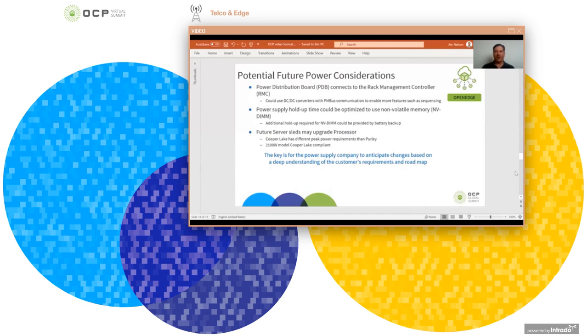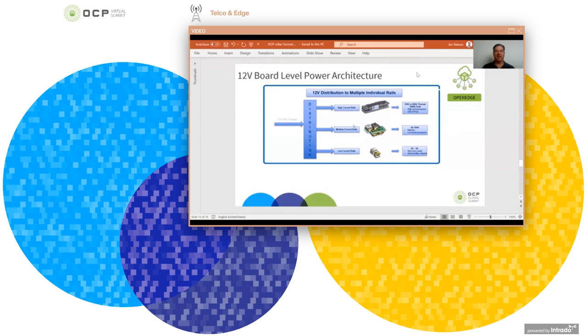So the key for power supply vendors is for ourselves to work very closely with the customers and make sure that we not only anticipate today's needs, but what's going to be required to really keep this backwards compatible for the long haul.